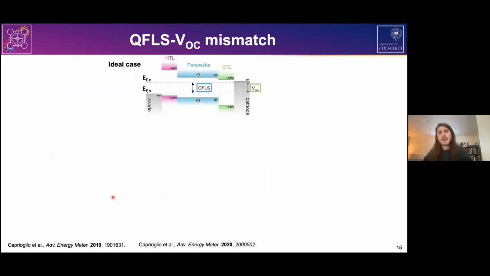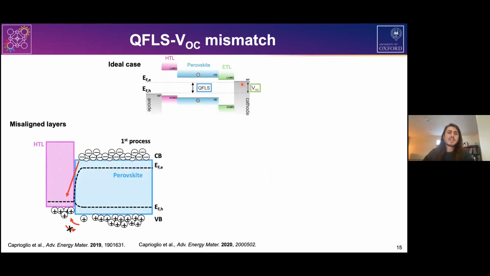To clarify this point a bit, I've shown at the beginning that the quasi-Fermi level splitting and the VOC should be identical, in theory. However, we can have a case where we have strongly misaligned layers, for example, where we have a constant injection of carriers from the perovskite to the transport layers.